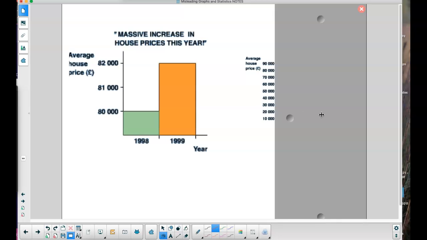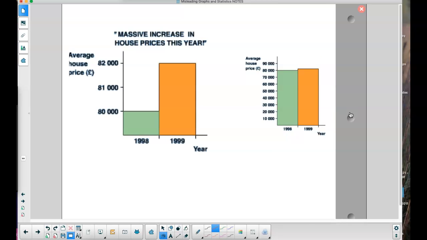If this was made correctly and started at 0 like it should have been, the graph would look more like that. They, again, just zoomed in on the top because they didn't start at 0. So it made it look like in 1998 to 1999, it tripled in price. It didn't triple in price. Okay? That makes sense to everyone?